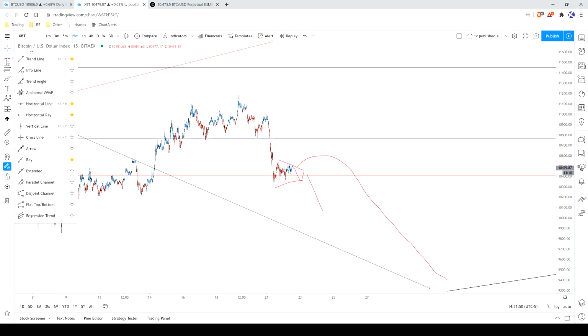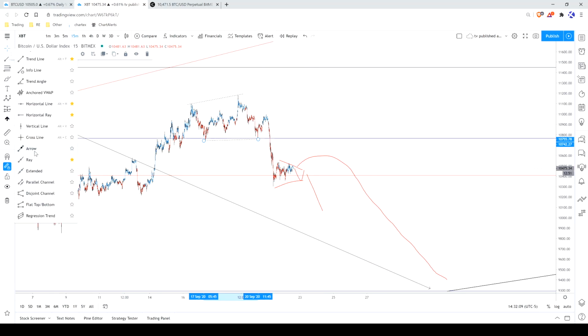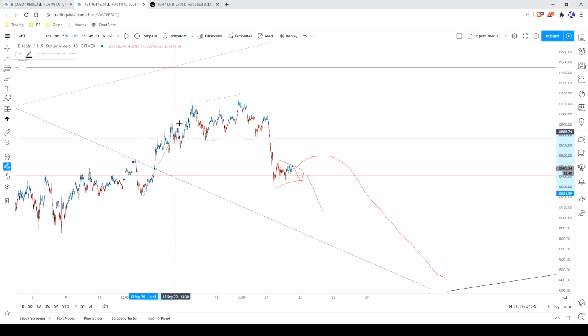Now looking at this structure right here, there was a possibility that it was an impulse forming. Excuse me, a correction forming, preparing for an impulse. So you should already know by now the majority of my system is made up of impulse, correction, impulse.